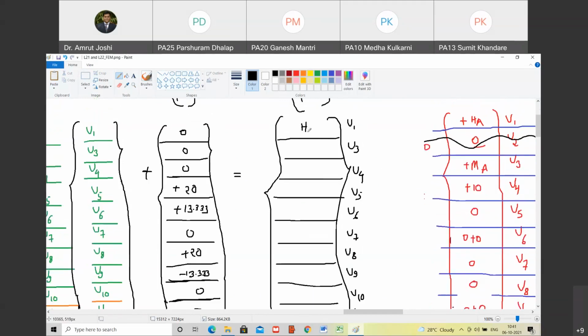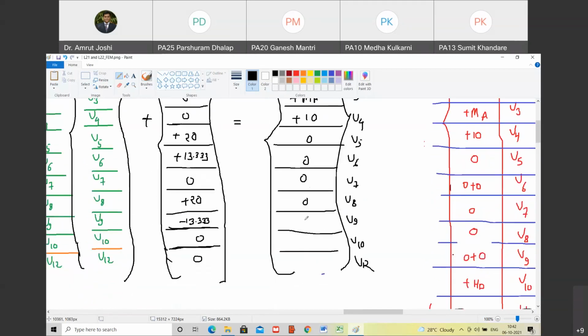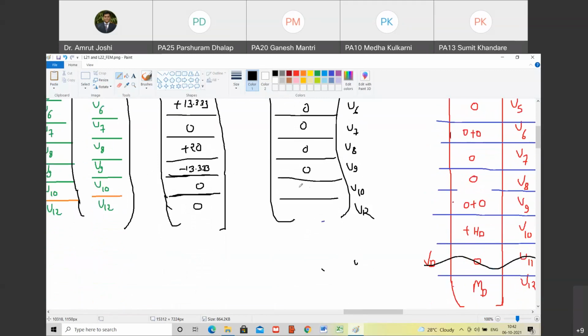Yes, sir. So it is going to be plus HA, then plus MA, then plus 10. Okay. 0, 0, 0, 0, 0, HD plus HD and HD plus MD.